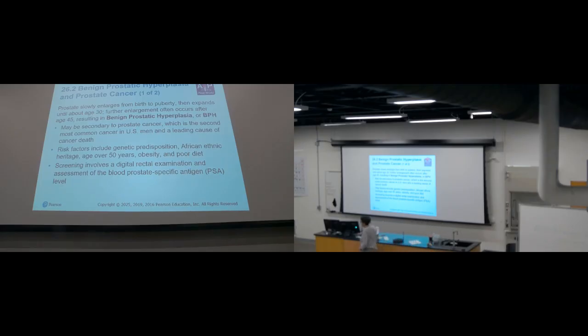Definite diagnosis of cancer requires a biopsy. A PSA level below 2.5 nanograms is considered normal, but it can increase as the number of cells increases. Suspicious lumps or PSA levels greater than 4 nanograms per milliliter warrant a biopsy.